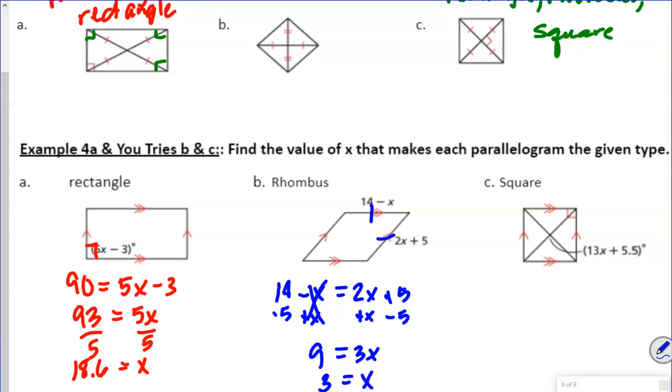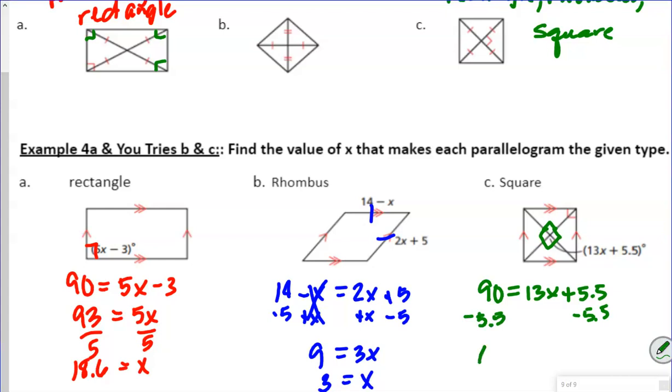The last one says it's a square. So if it's a square, it's a rhombus, right? And if it's a rhombus, we have right angles all in here. All of those are right angles, right? So can't we set that equation equal to 90? Yep, 90 is equal to 13x plus 5.5. So we're going to subtract 5.5 from both sides.